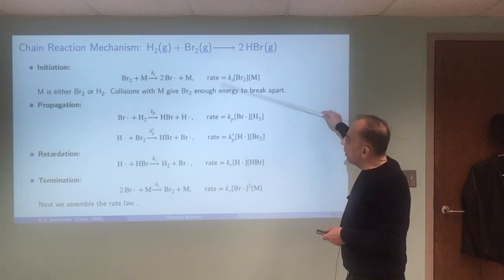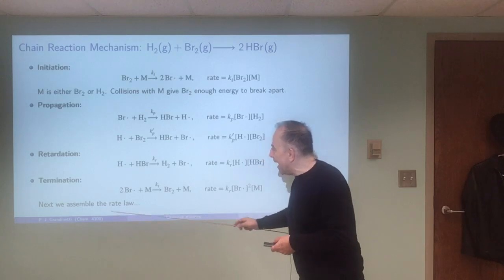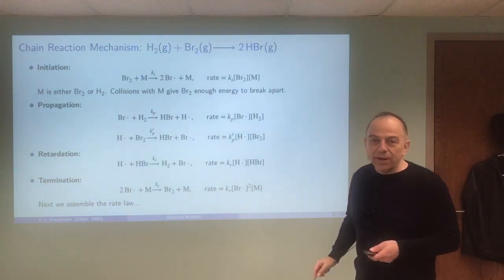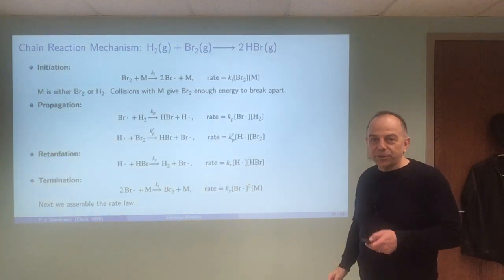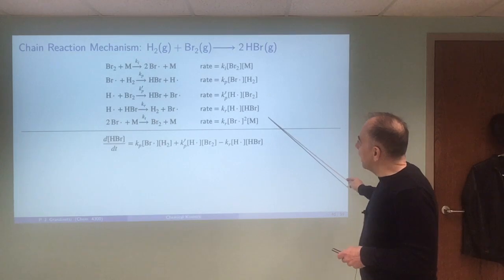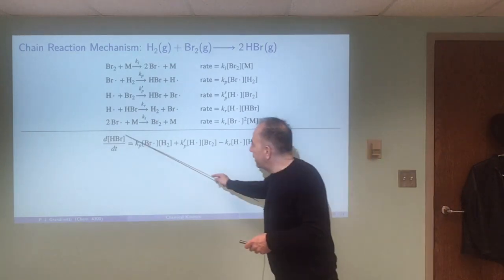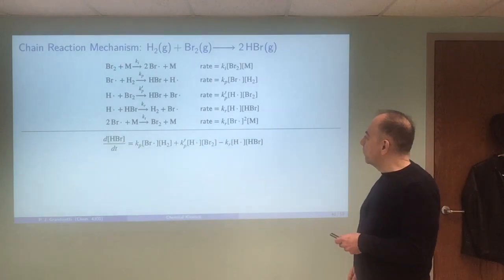So here are all of the steps in this reaction, and now with all of these rates, we want to put together the overall rate law. All right, so let's take a look at how that comes out. So here are all the steps, and let's look at what the rate of HBr formation is going to be in this case.